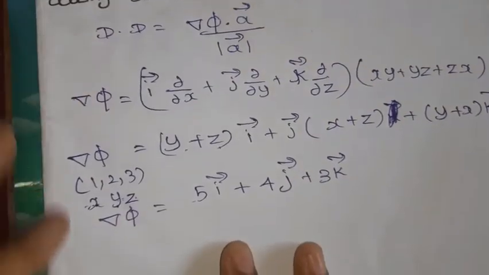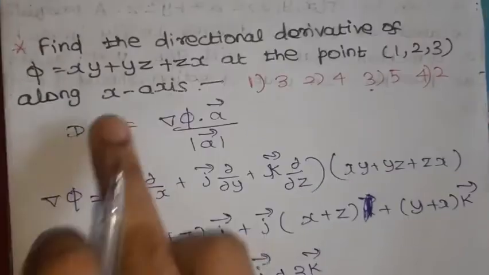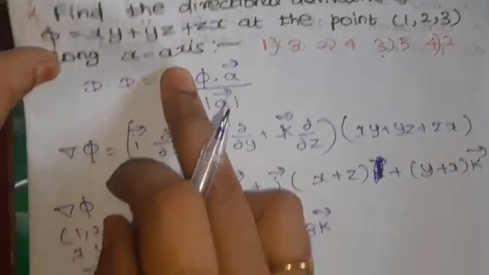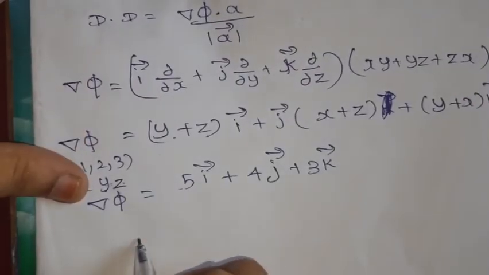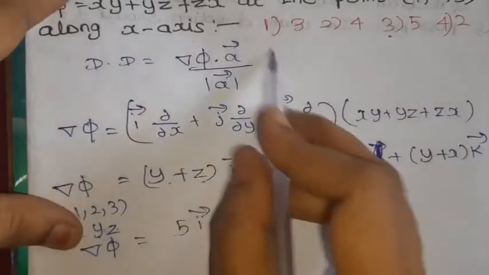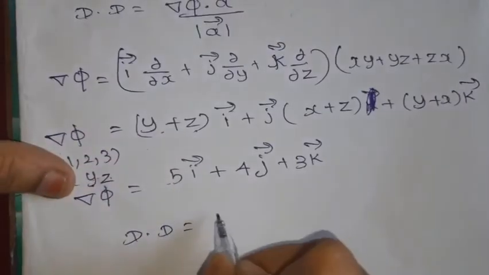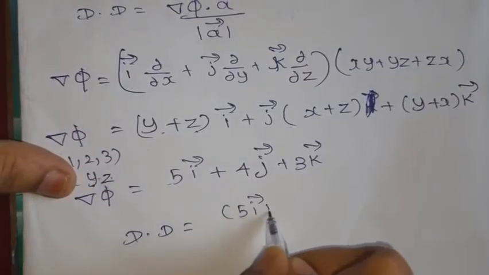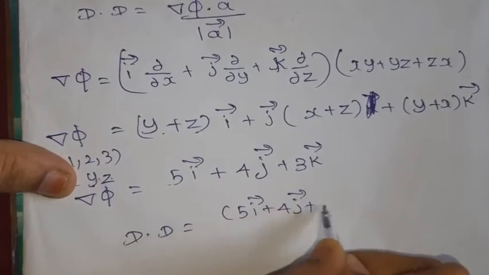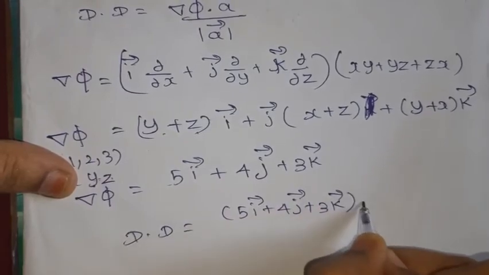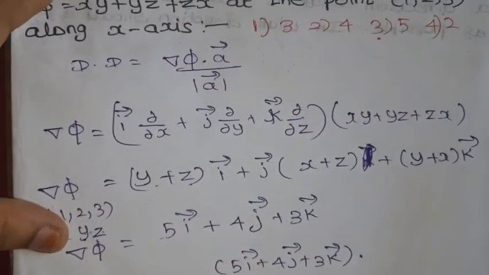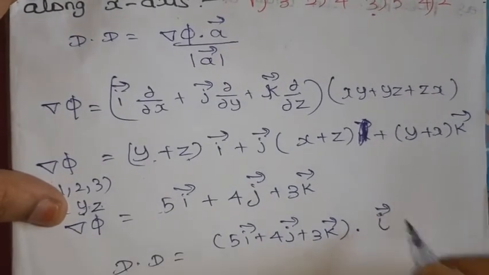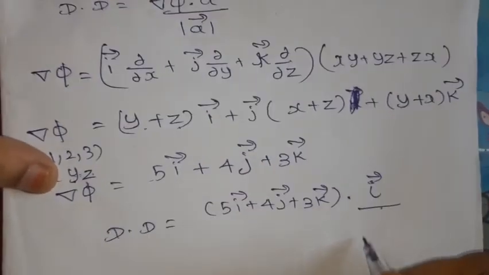What is given? Directional derivative along the x-axis only. Along the x-axis only means we can take the directional derivative. This is the formula, del phi dot a. So del phi is 5i plus 4j plus 3k, dot along the x-axis, which means i vector only, divided by modulus of i vector.